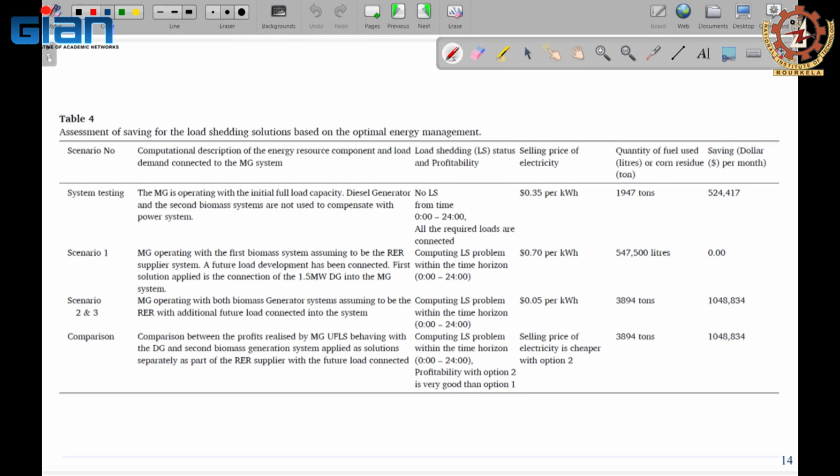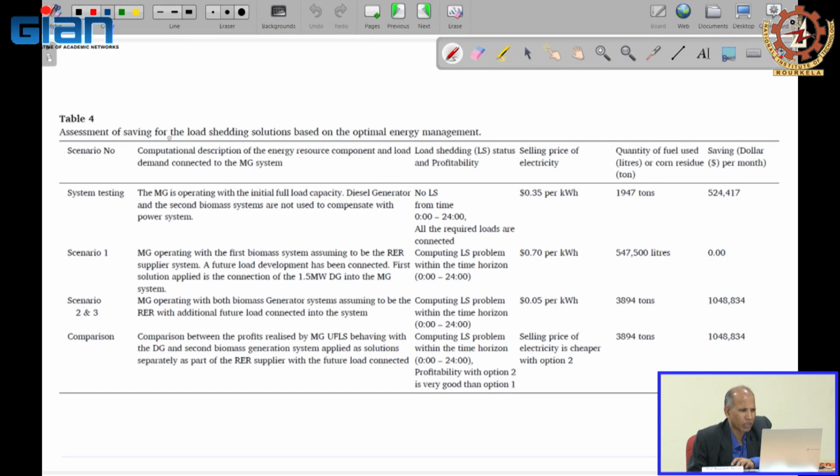Now the result, I am not going into too much detail about the results, but I just wanted to give you a little bit of flavor of what the outcome is. So assessment of the saving for load shedding solutions based on the optimal energy management. Okay, so 3 different scenarios are considered.